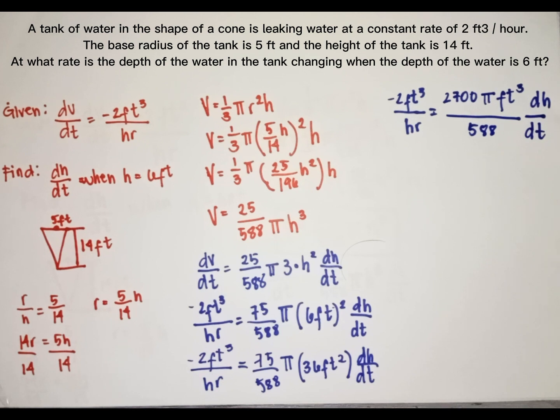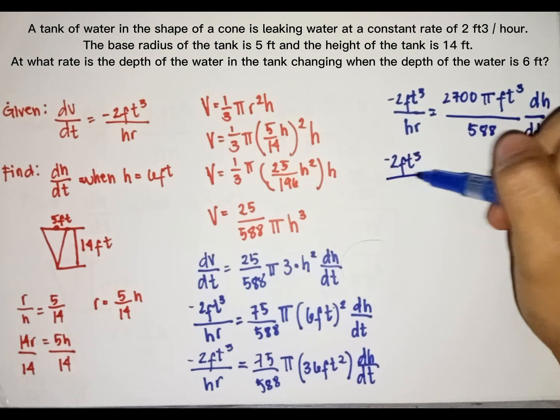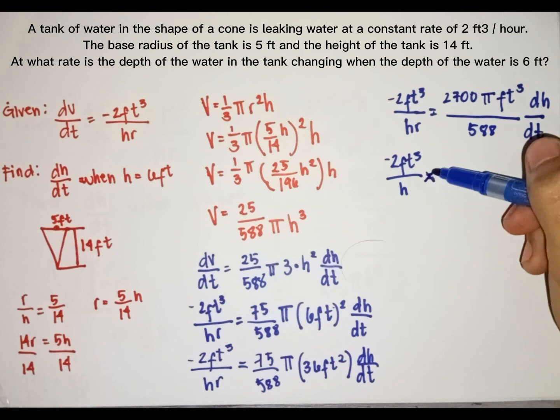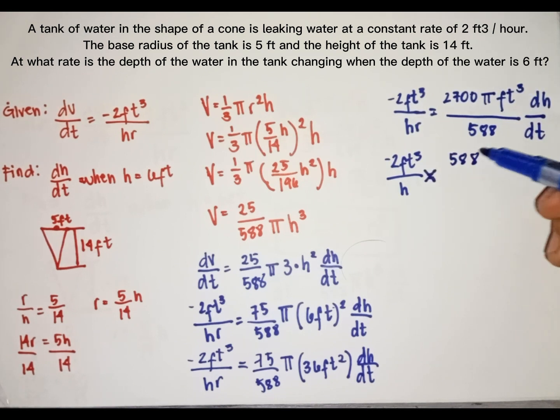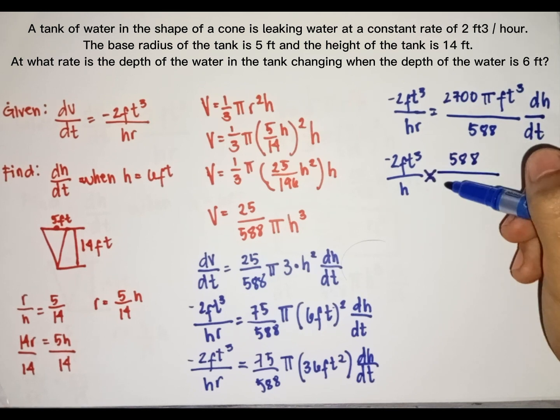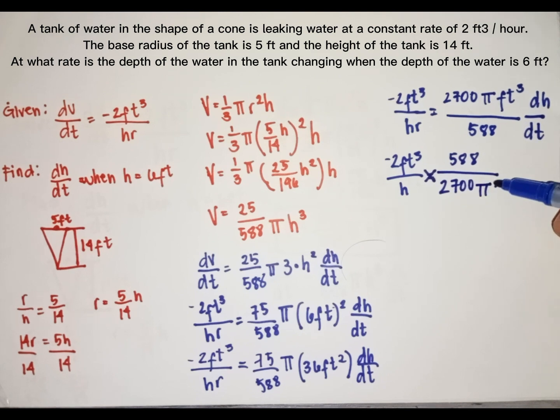So we've got an equation here, and we are going to be multiplying by the reciprocal. So it is going to be negative 2 cubic feet times 588 over 2,700 pi cubic feet, which is equal to dh over dt.